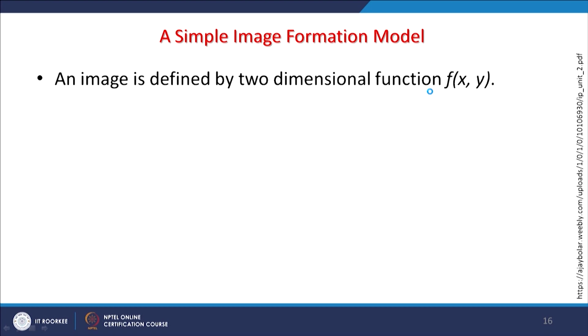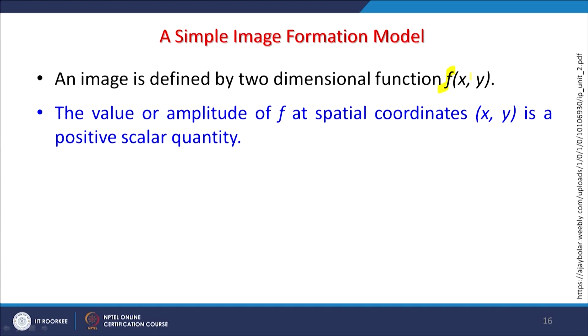So, as you know, an image is a two-dimensional matrix. If we define a function f of x and y, the value or amplitude of f at a spatial location x and y, row and column, is a positive scalar quantity, that is, a positive integer value.